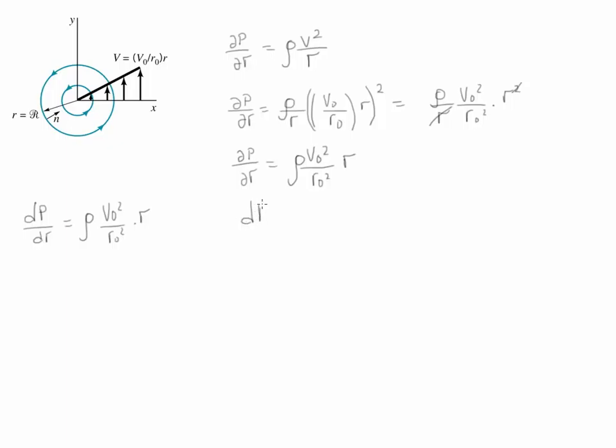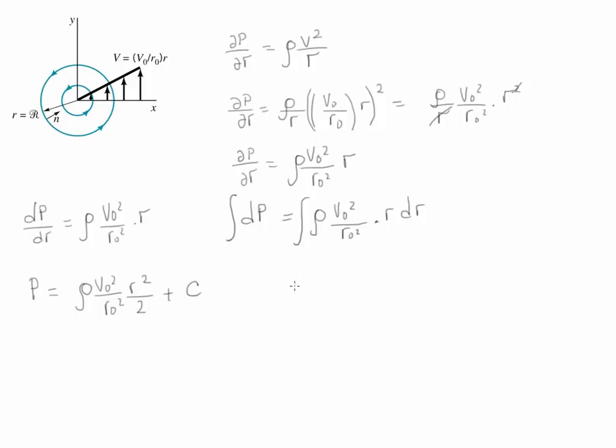So dp stays on the left side, and then we have rho v0 squared over r0 squared, r dr. For this particular equation, we take the integral in both sides. The integral of dp is simply going to be p, and then we have rho v0 squared over r0 squared, r squared divided by 2, plus a constant.